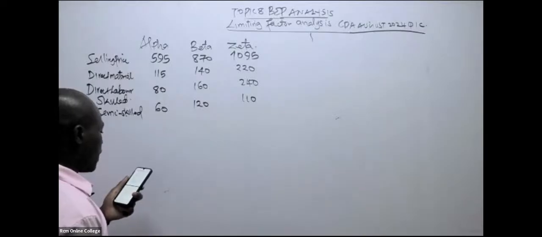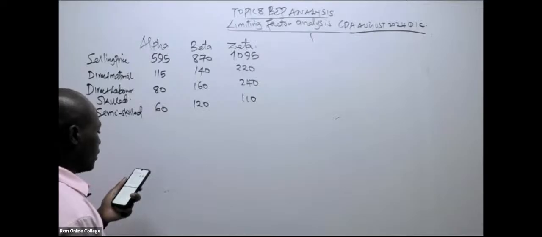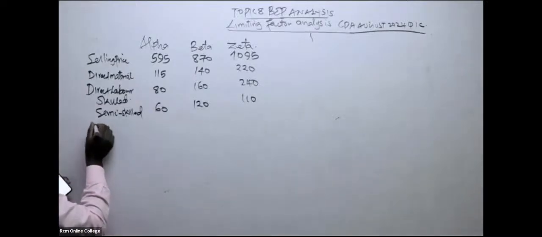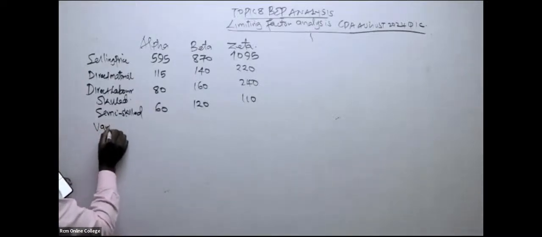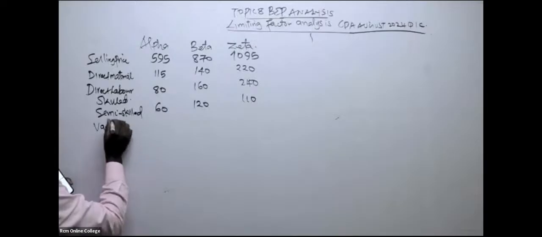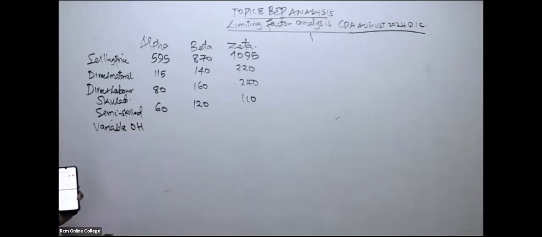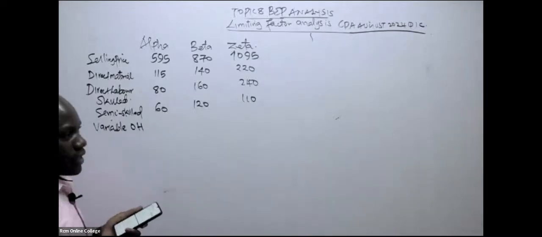Variable overheads are absorbed into production at the rate of 100% of skilled labor and 50% of semi-skilled, right? So let's talk about variable overheads. These variable overheads are absorbed under 2 categories.